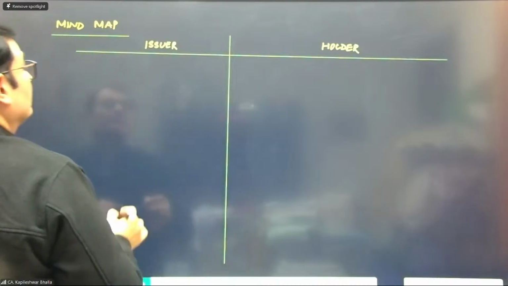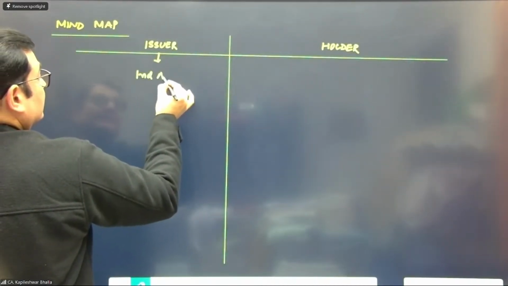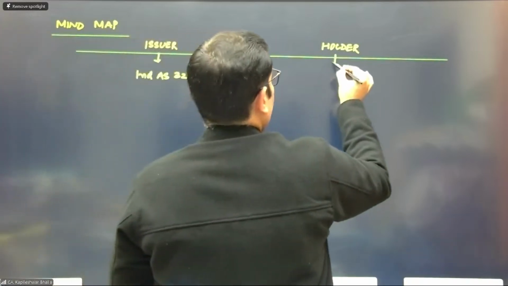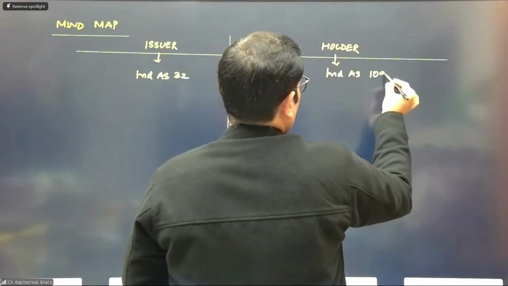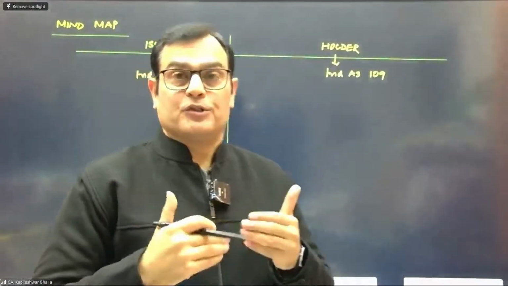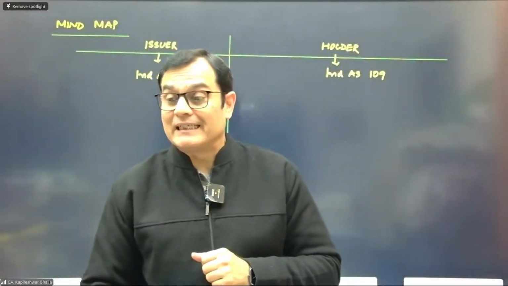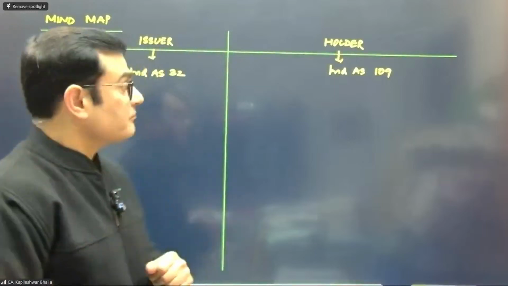When we were covering the issuer perspective, the focus was mainly on Ind AS 32, and the moment we shifted to the holder's perspective, we focused on Ind AS 109. I'm just trying to help you consolidate the learnings at the back of the mind so that everything is crystal clear when you revise the concepts.